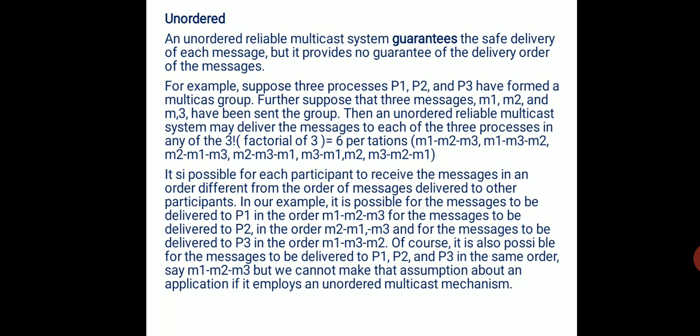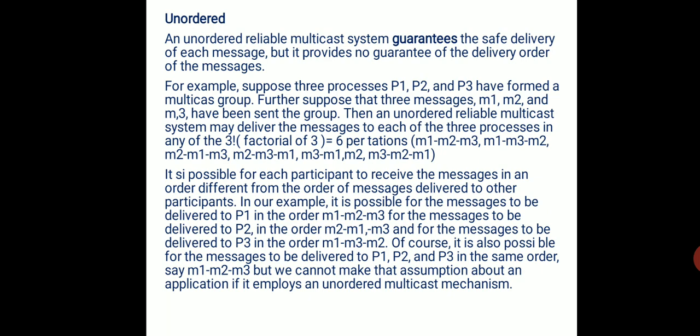So the members of the group may not receive the same order. It is possible for each participant to receive messages in any order different from the order of messages delivered to other participants. So in this example, it is possible for the messages to be delivered to P1 in the order M1, M2, M3, to P2 in the order M2, M1, M3, and to P3 in the order M1, M3, M2.